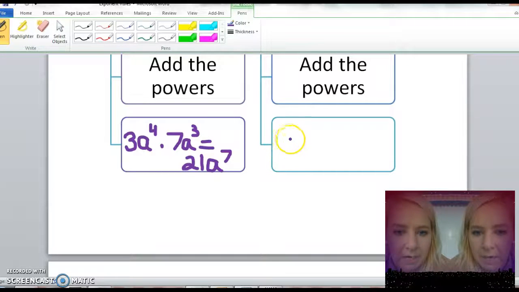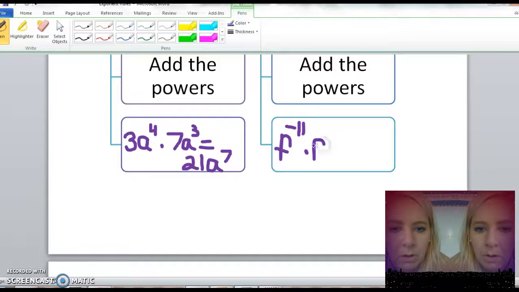In our last example, let's go back to having just variables. I'm going to use the variable f. F to the negative 11th power times f to the 5th power.